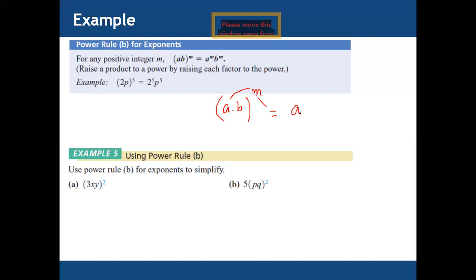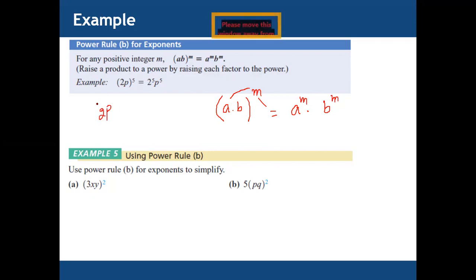You can write a^m multiplied by b^m. Like we have (2p)^5. This means this 5 is for 2 and this 5 is also for p. This means you can write 2^5 and p^5. 2^5 means 32 and p^5, so you can write simply 32p^5.